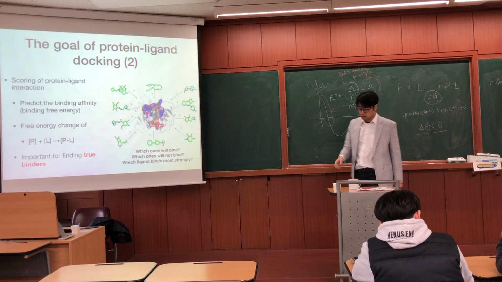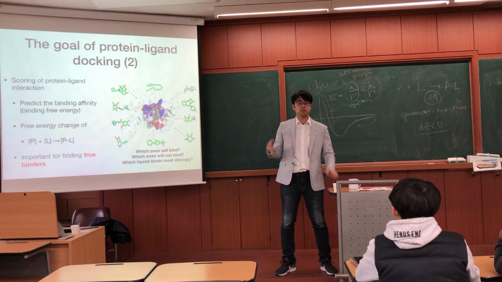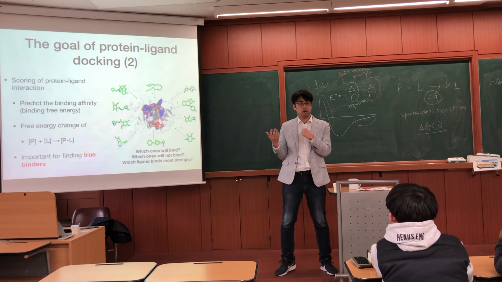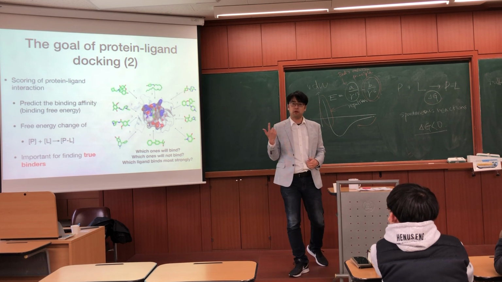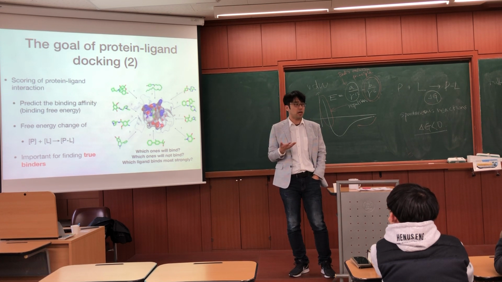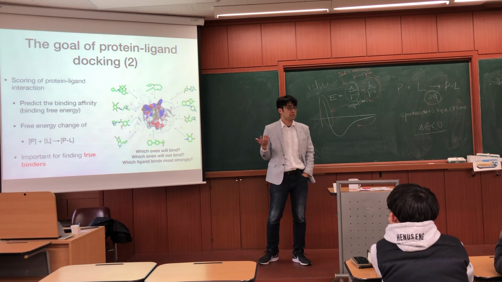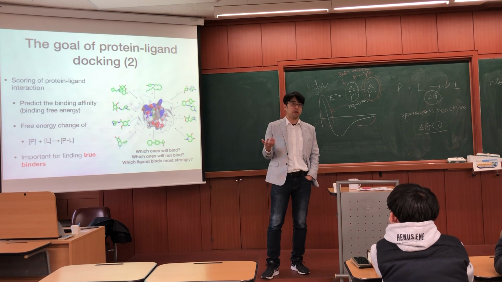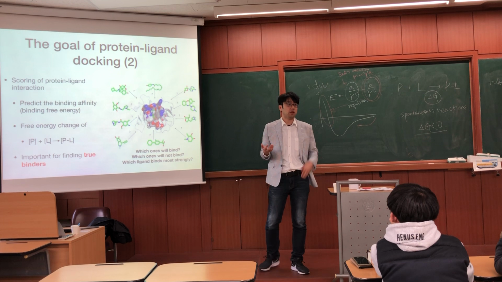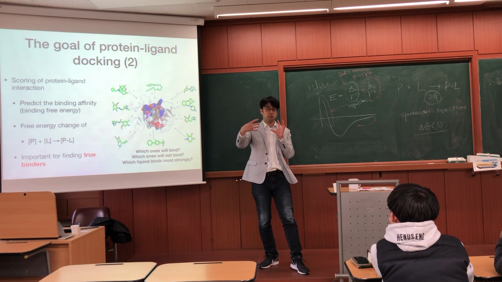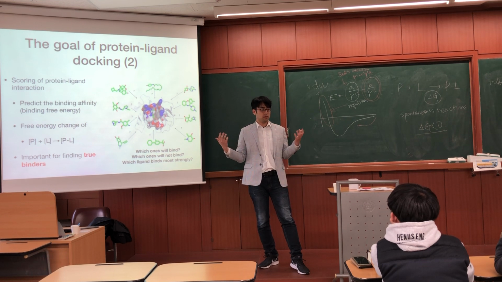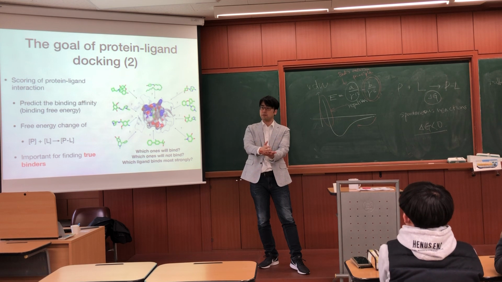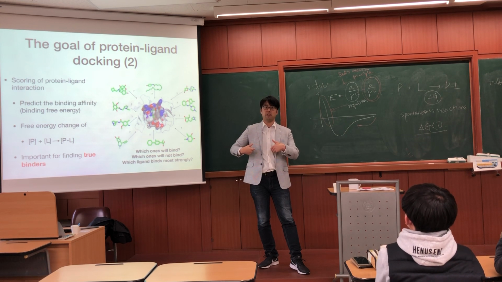So we want to know generally how strongly two molecules bind. And think about it, what is the best to become a drug? A strong binder or a weak binder? Generally strong binders are better, right? If a drug binds with a protein weakly, then in order for the drug to work, we have to eat a lot, right?